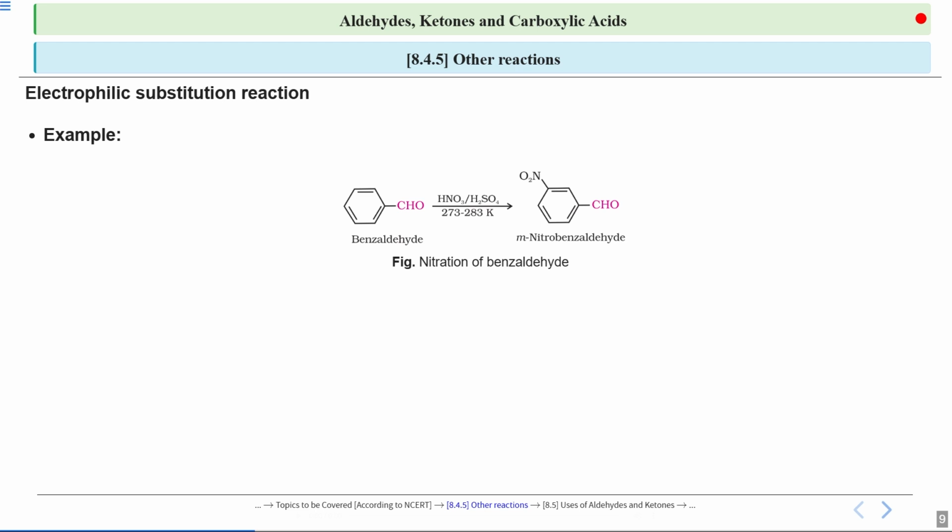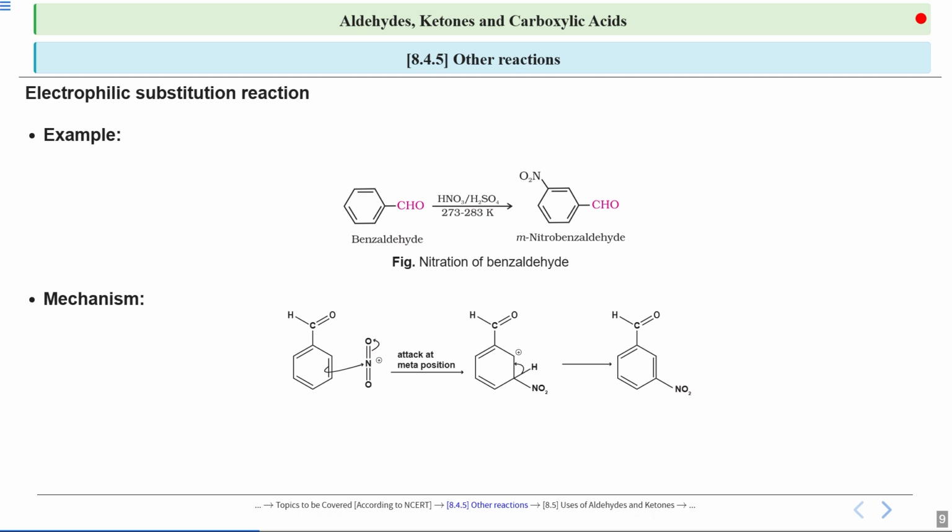So this is an example of an electrophilic substitution reaction, where the NO2 group attacks at the meta position, because at the meta position there is more electron density compared to the ortho and para positions.